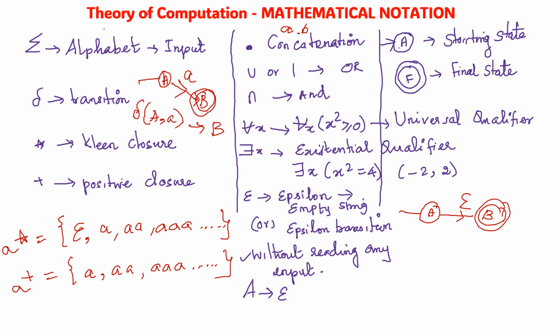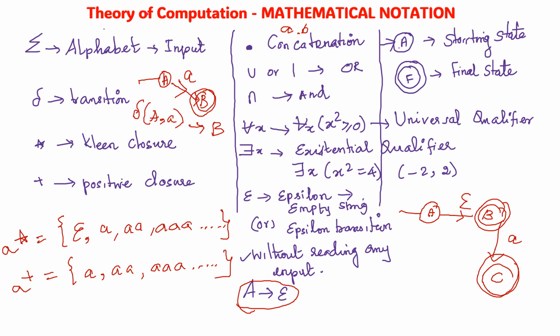That's all. So this is epsilon transitions. For conversion purposes and for computation purposes, we use this epsilon transition. For example, A derives epsilon, so it is A derives nothing like that.